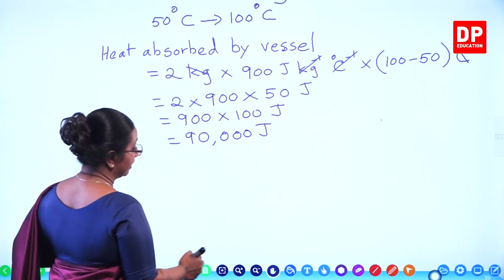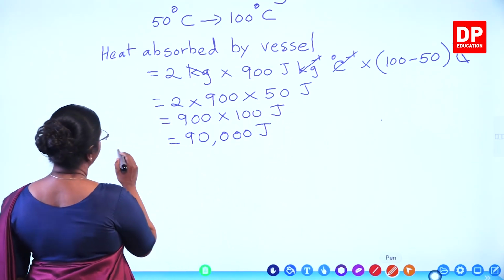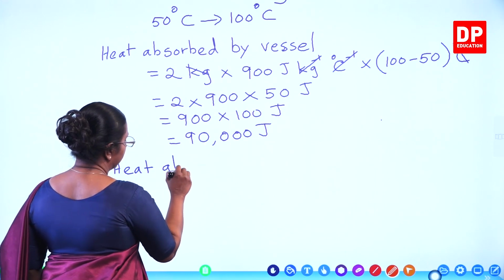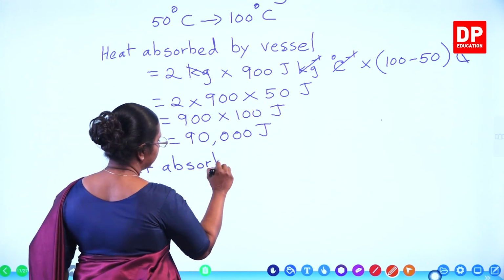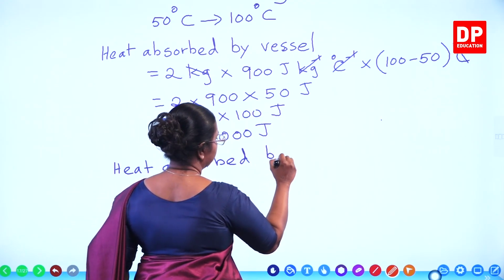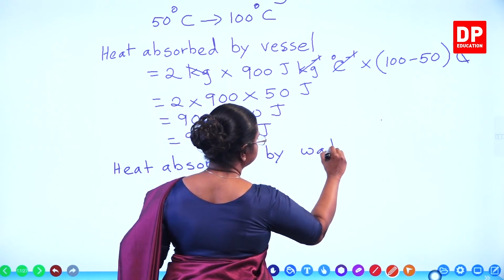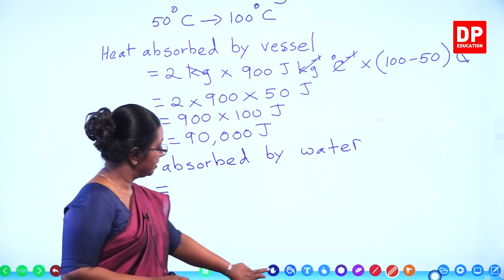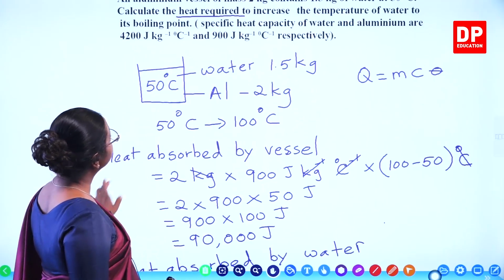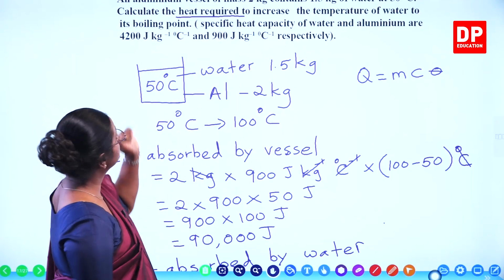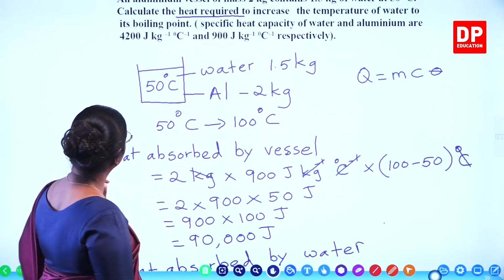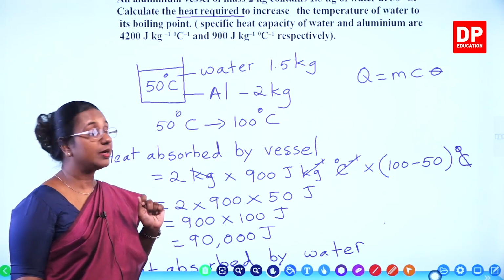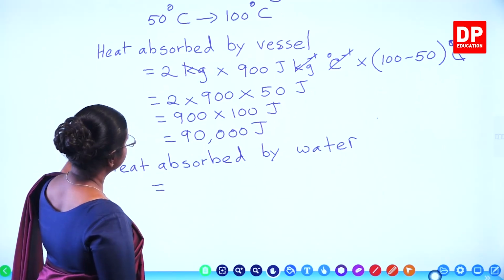Then, if we calculate the heat absorbed by water. So, that is equal to, you can remember, there was 1.5 kilogram of water and the specific heat capacity, I am sure you can remember, it's given here 4200 joule per kilogram per degree Celsius.